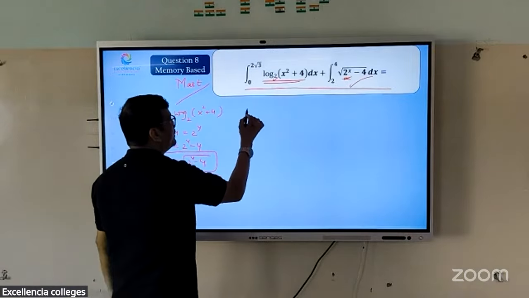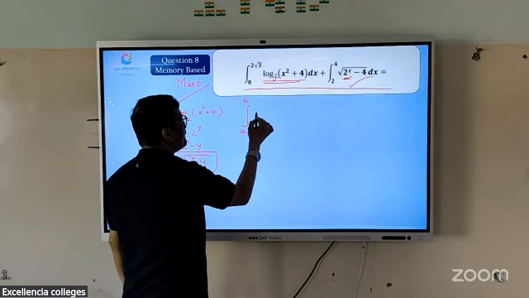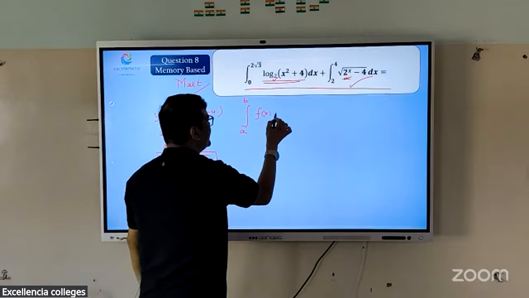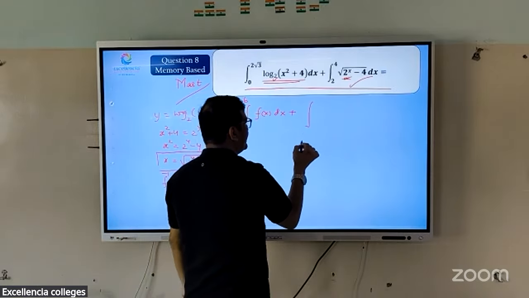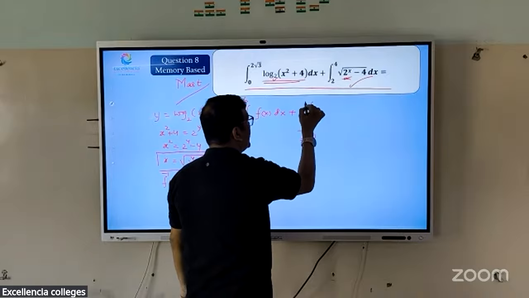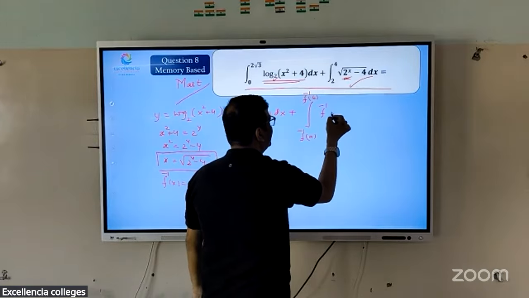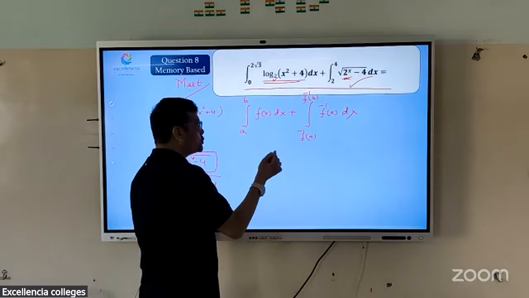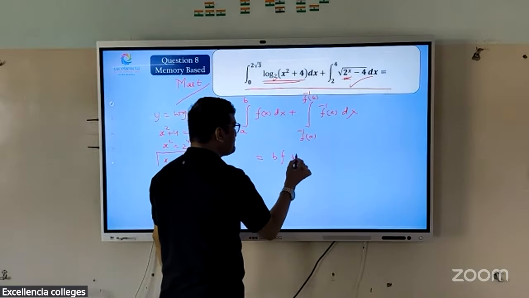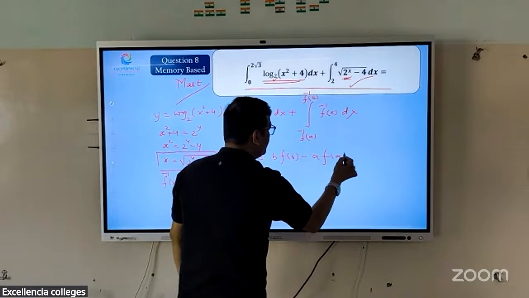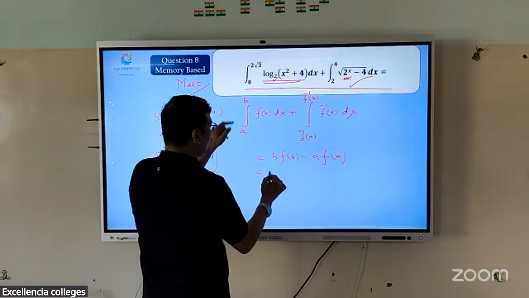So this question is integral a to b f of x dx plus integral f inverse a to f inverse b of f inverse x dx. If you solve it, it is b f of b minus a f of a. So b is 2 root 3, a is 2.